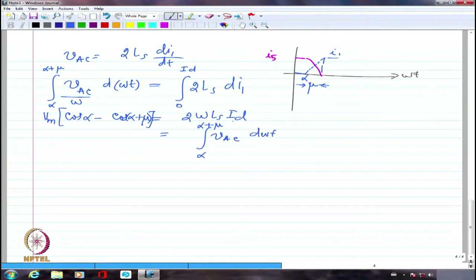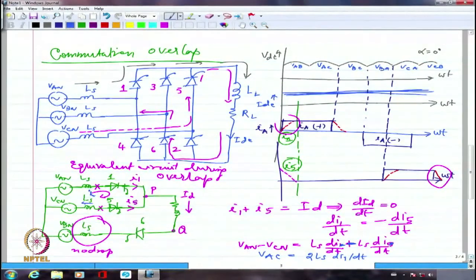Now, if I try to look at the voltage at this point, I told you already that it is either VAN minus Ls into dI1 by dt or VCN plus Ls into dI5 by dt. So this point P is not anymore just VAN or VCN.